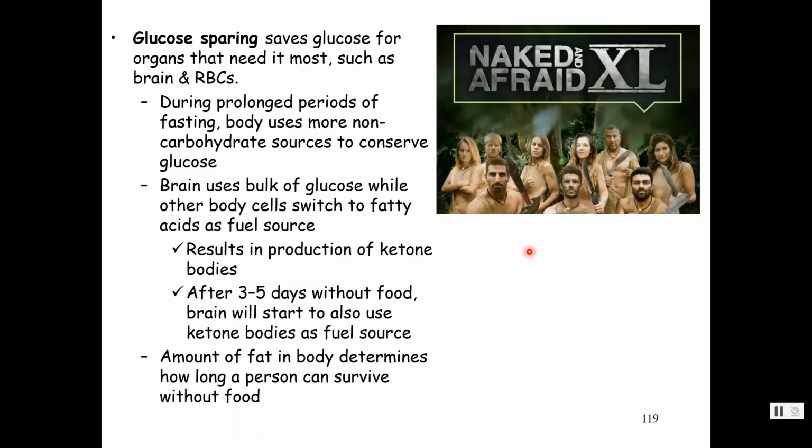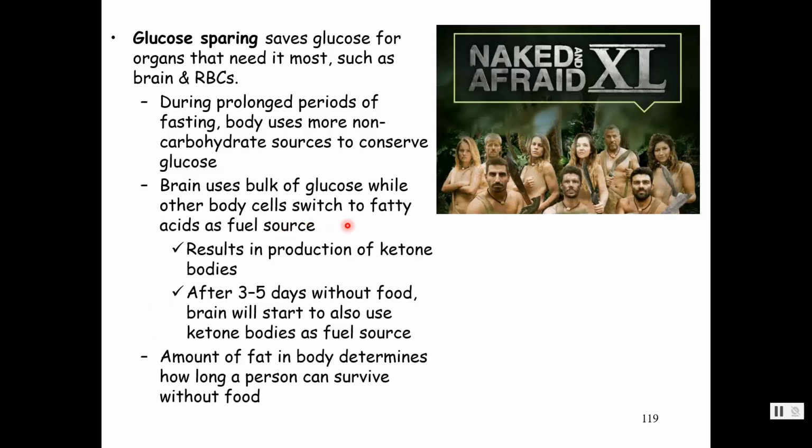All right, so glucose sparing, let's talk about it a little bit more. That saves glucose for the organs that need it the most. Brain and red blood cells can only use glucose. During prolonged periods of fasting, the body uses more non-carbohydrate sources to conserve that glucose. The brain's going to use the bulk of it, but after about 3 to 5 days without food, the brain can start to use those ketone bodies as a fuel source.